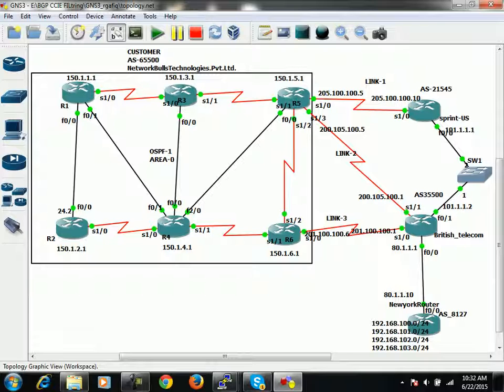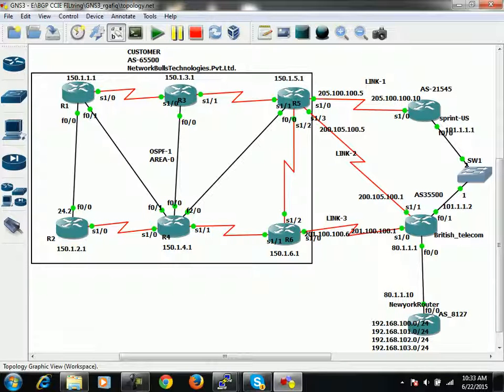But actually I don't need to ping. I just need to show you how you can manipulate your BGP path selection using BGP attributes. Ping will never be successful over here, because for that you have to run BGP on R3 as well as R4. Otherwise there will be a black hole.